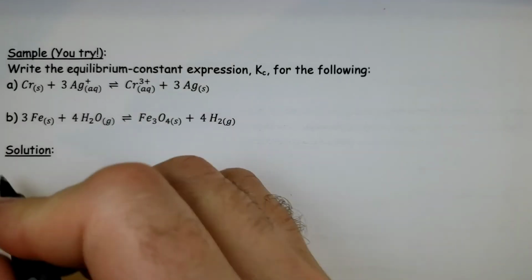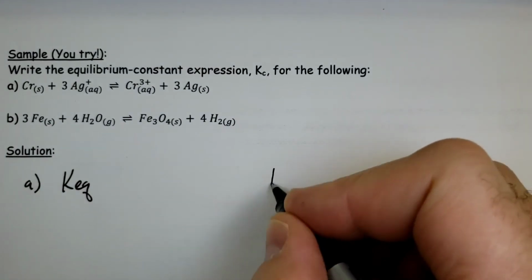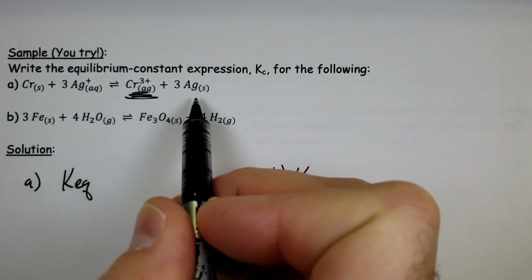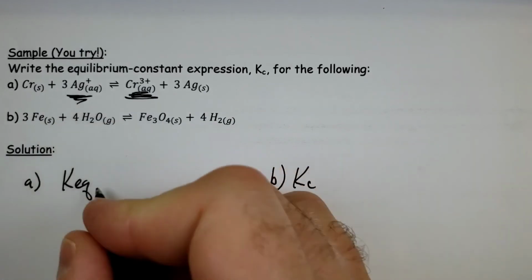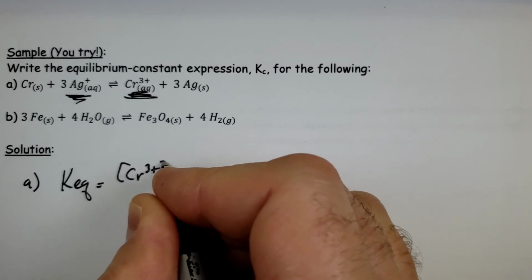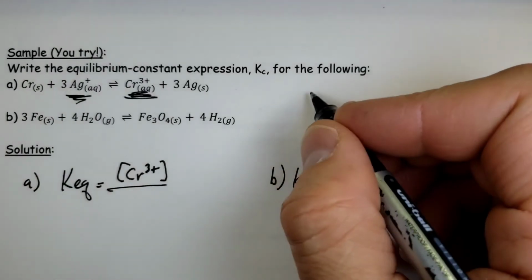Okay, if we look at the final one on the next page, Kc, it doesn't matter. So aqueous, solid we don't include. Solid we don't include. Aqueous we include. So chromium 3 ion concentration, again the square brackets mean concentration of.